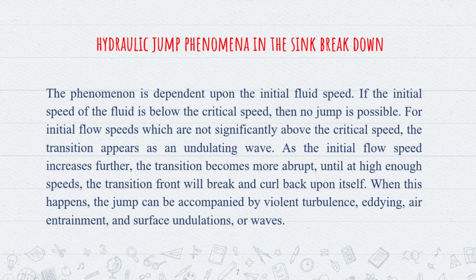As the initial flow speed increases further, the transition becomes more abrupt, until at high enough speeds, the transition front will break and curl back upon itself. When this happens, the jump can be accompanied by violent turbulence, air entrainment, and surface undulation or waves.